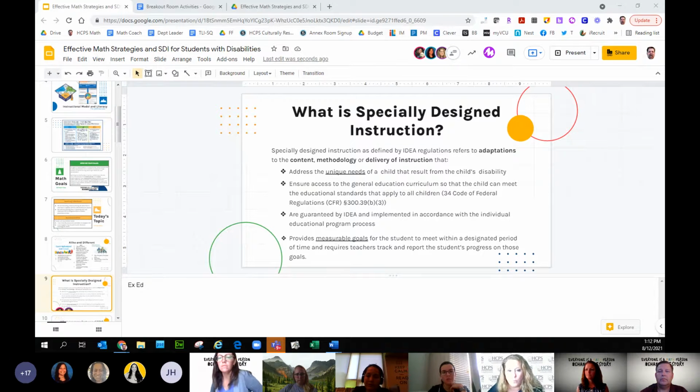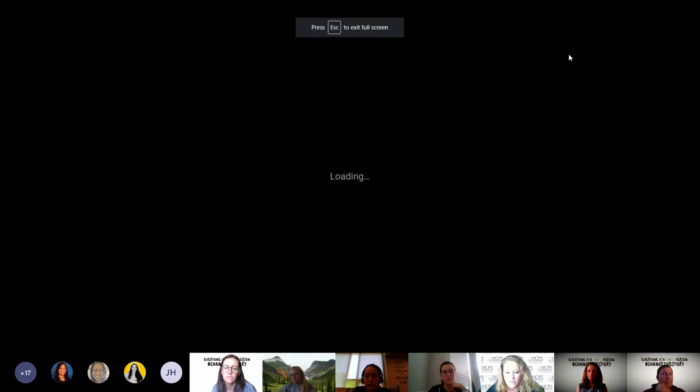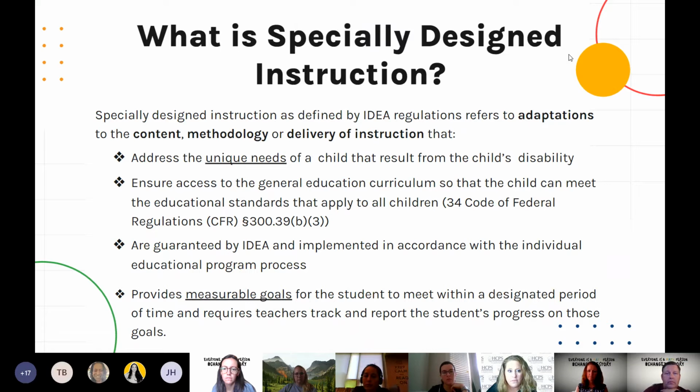So really, what is specially designed instruction? As you all have said, it is instruction that meets the unique needs of a student. What you see on the screen is the VDOE definition of specially designed instruction, but really it is that bridge for a student with a disability.